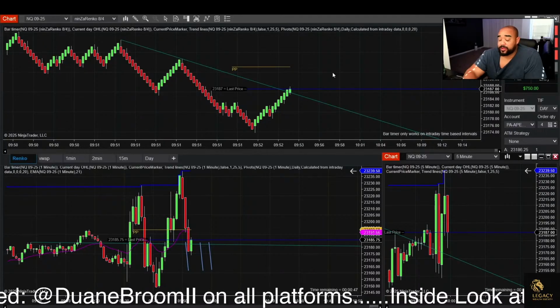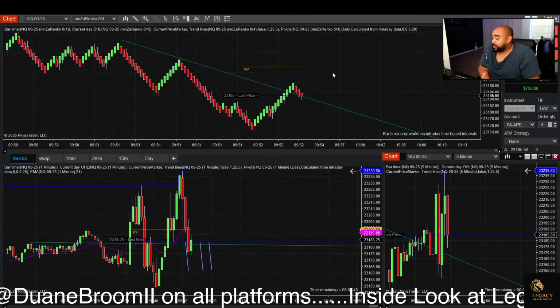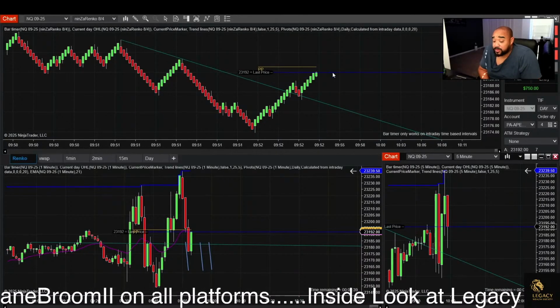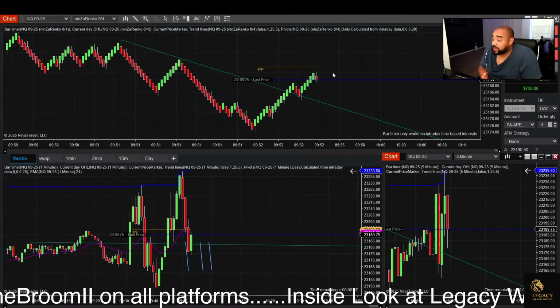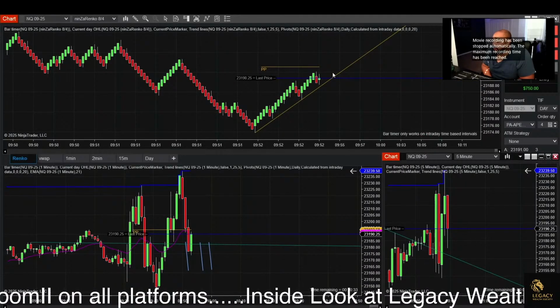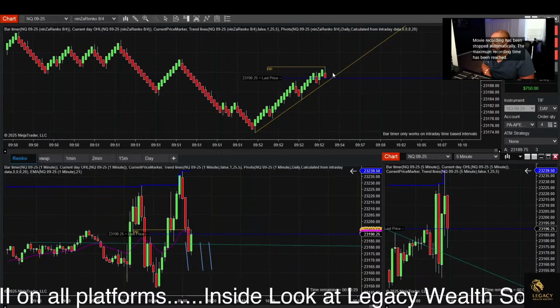We're below the middle of the 15-minute range now, still above the VWAP. I'm expecting us to keep pushing down, to be honest with you. We're going to use this pivot point as resistance.